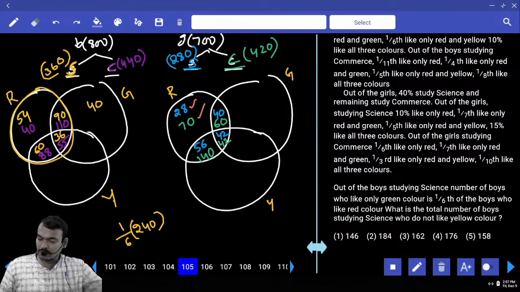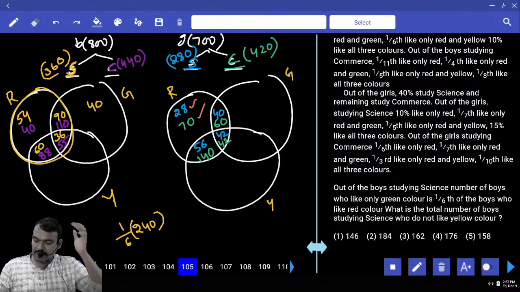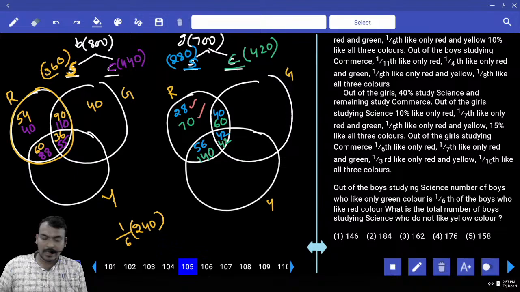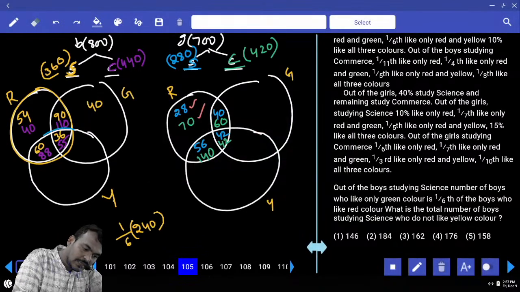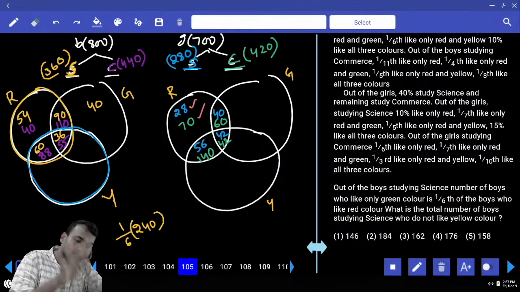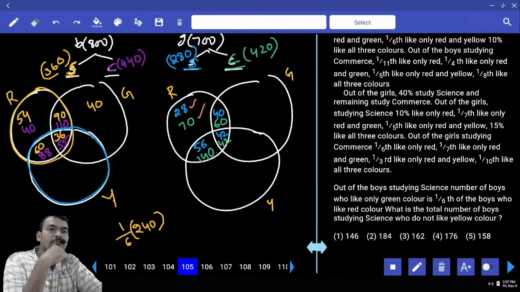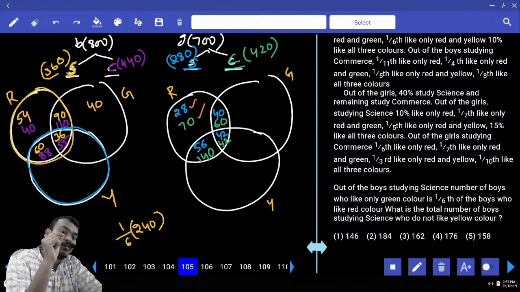Okay. What is the question here? What is the total number of boys studying science who do not like yellow color? Nothing but we require other than the yellow color or not? Other than the yellow color means we take the portion other than yellow or not? Yes or no? Do not like yellow color means we take other than yellow or not?